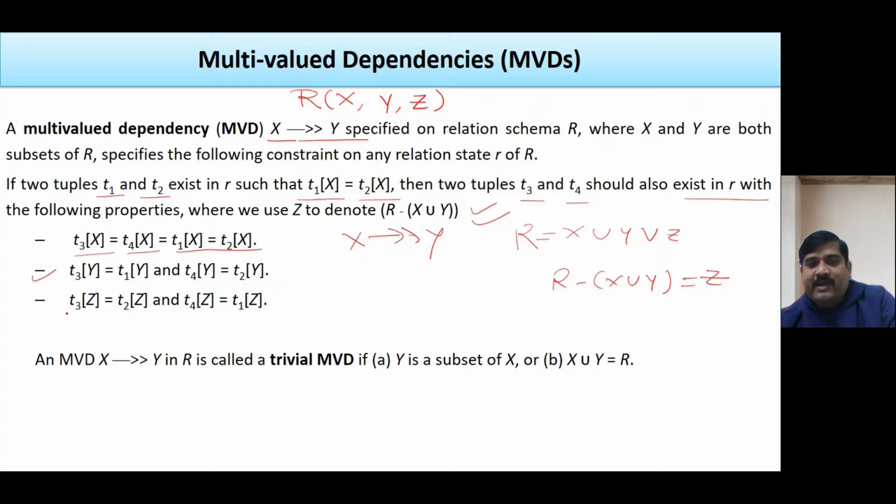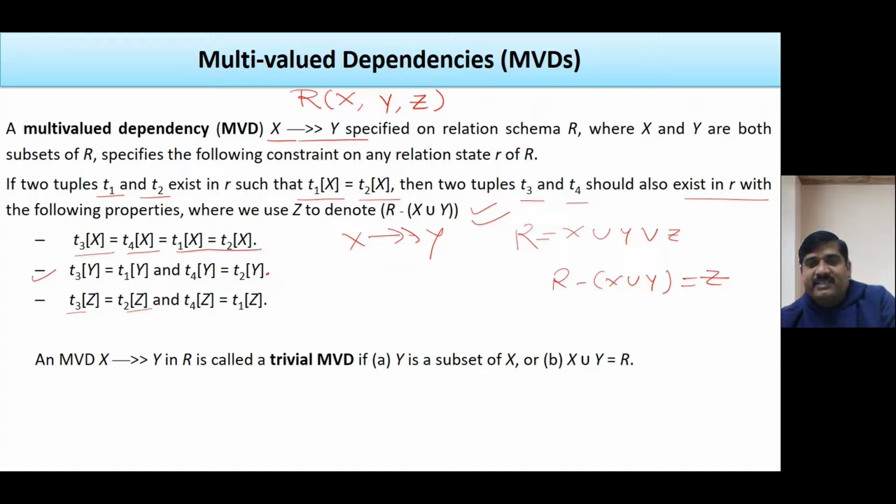Similarly, if the third tuple and second tuple agree on their Z value, then T4 and T1 should also agree on their Z values.